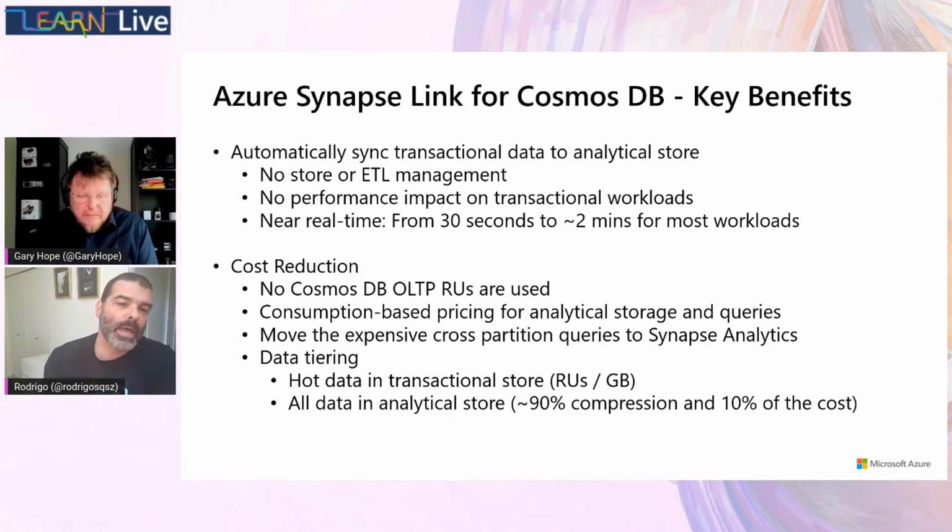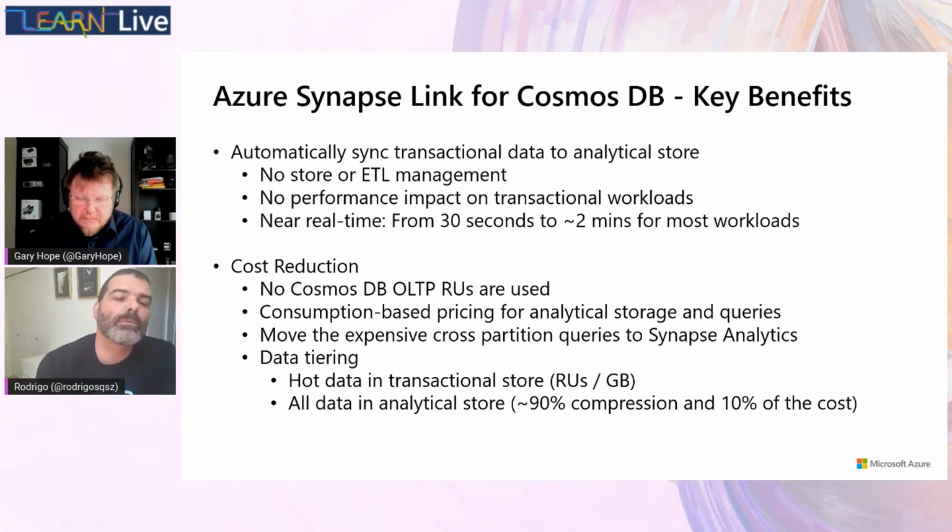From the cost perspective, we can avoid the RUs usage, as I mentioned before. It's Synapse runtimes. They have this consumption-based pricing. It's very, very affordable. We can move expensive cross-partition queries to where we should do it. That's what Synapse Analytics was built for.